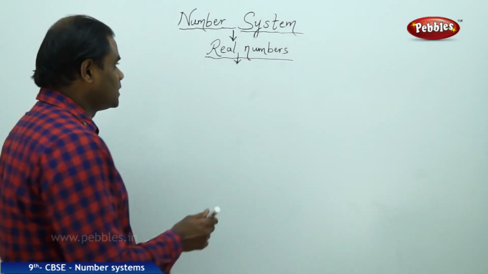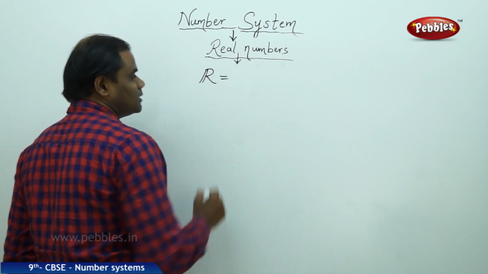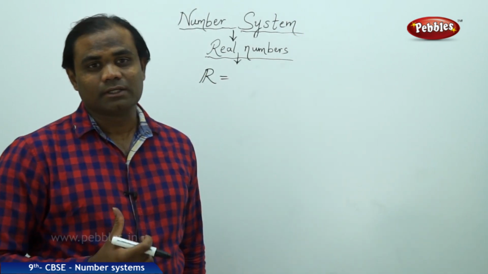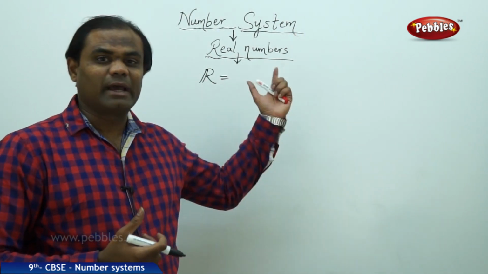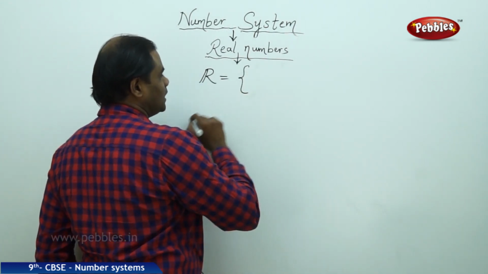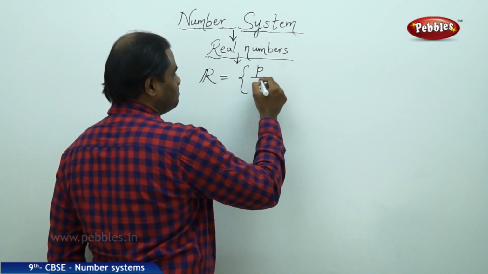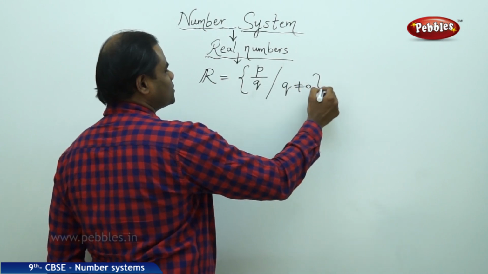So real numbers are generally denoted by R, and it has the same definition as that of rational numbers, with test number 1 absent. So for example, I have this R denoted by capital R. My real numbers is defined as P over Q such that Q not equal to 0.